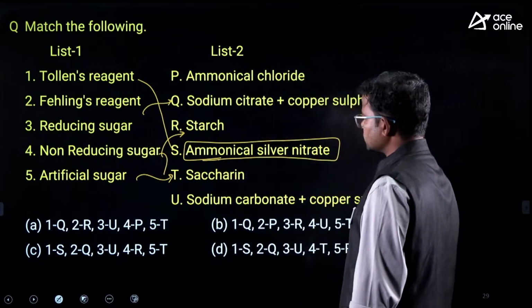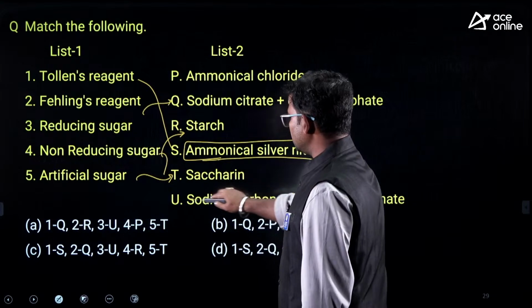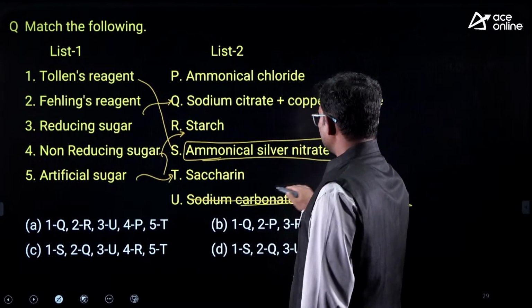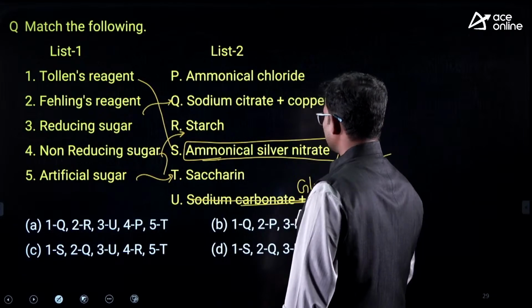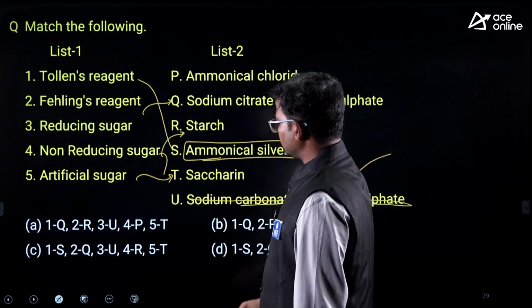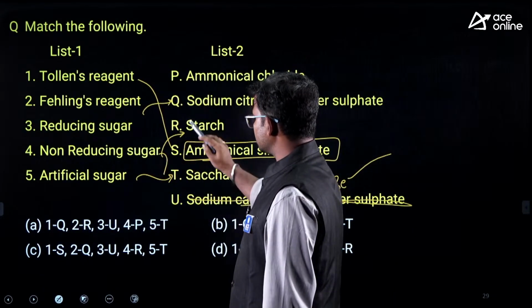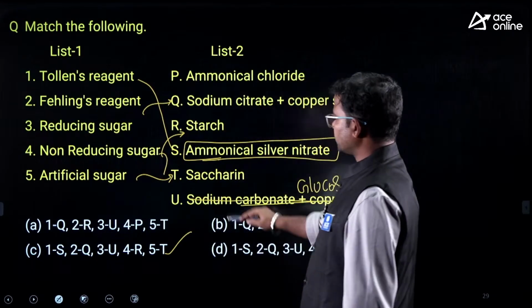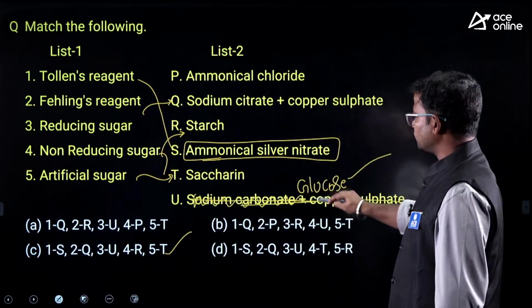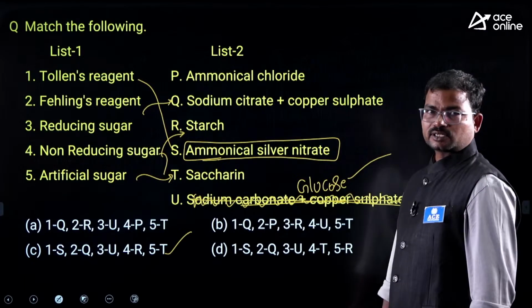Here the option is wrong. If you consider glucose, then only it is correct. Next, non-reducing sugar, R. So option C is the right answer. Just here you should modify the given option to glucose.